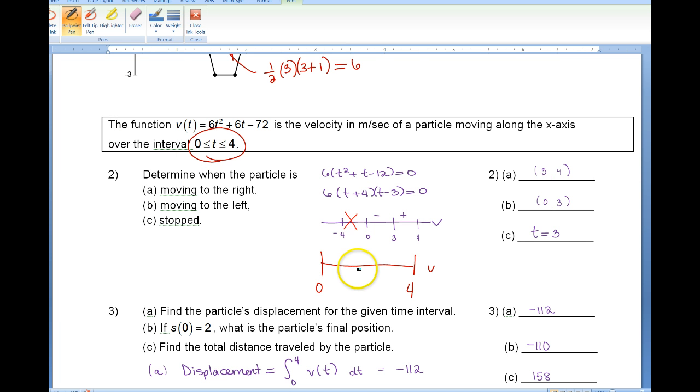And at t equals 3 it stopped. We don't include the -4. Right.